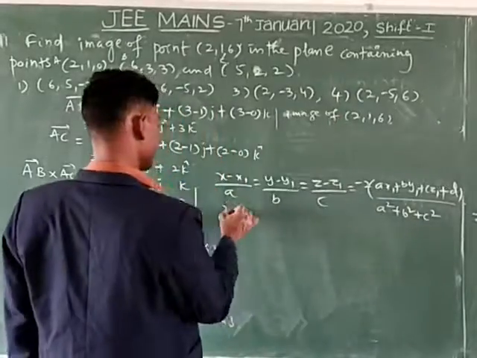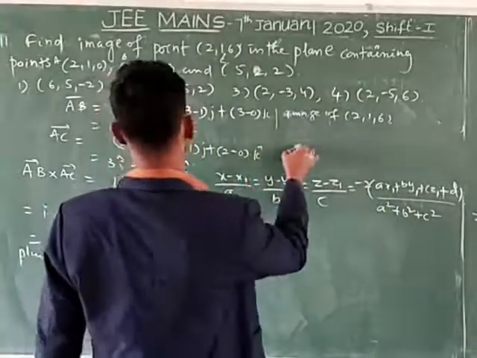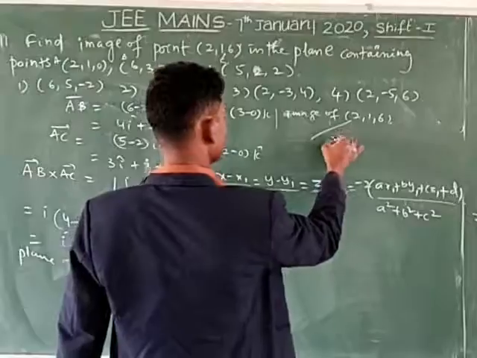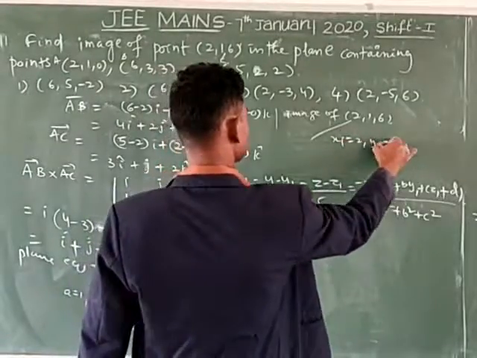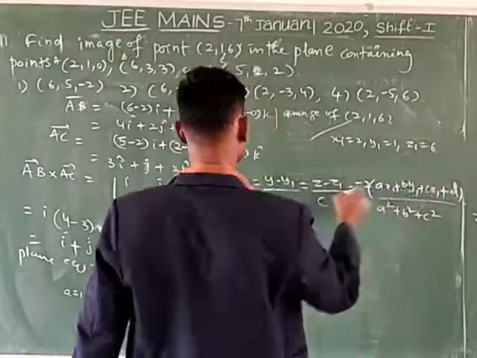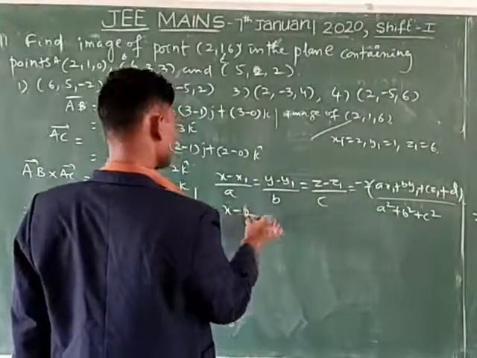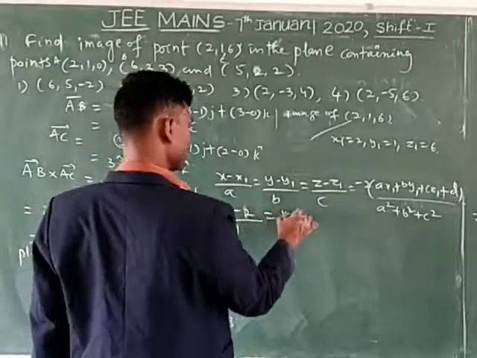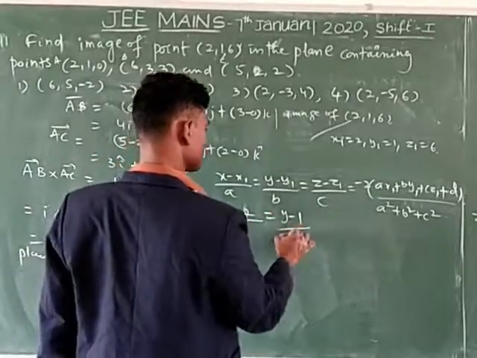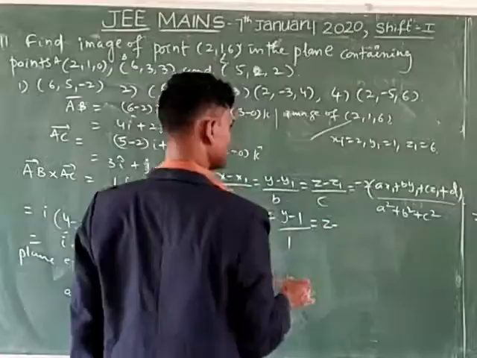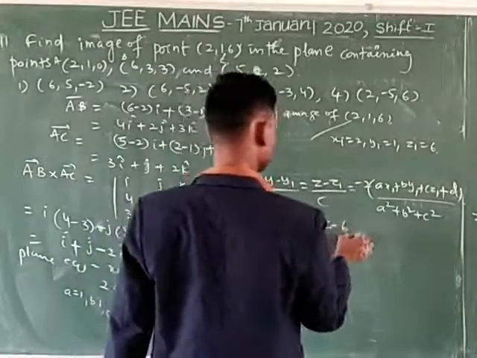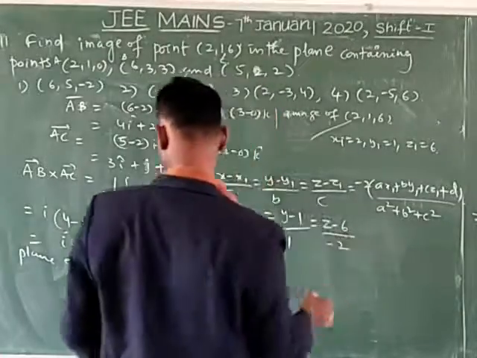Now what is x1 here? The image point is 2 here. x1 is equal to 2, y1 is equal to 1, and z1 is equal to 6. Now x minus x1 by a is equal to 1, and y minus y1 by b is equal to 1, and z minus z1 by c is equal to minus 2.